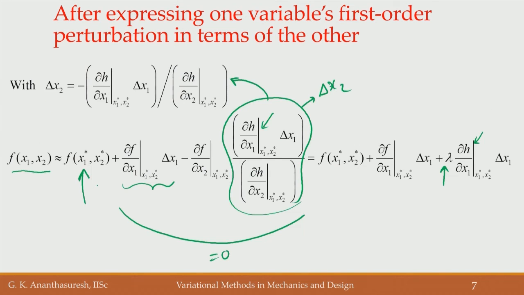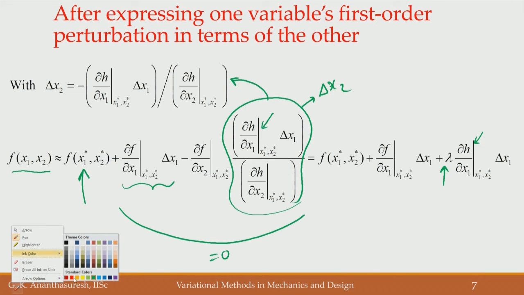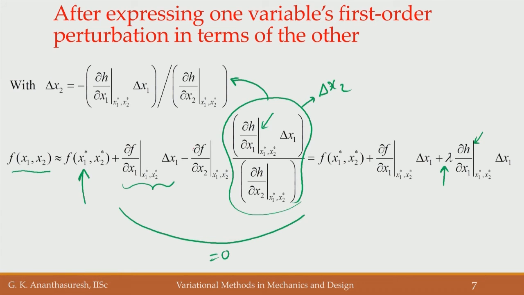Now, again go back, what we have defined, let me change the ink color, important, so I will put it in red. So, along with the negative sign, this whole thing is this lambda that we have. So, lambda is minus dou f by dou x 2 divided by dou h by dou x 2.